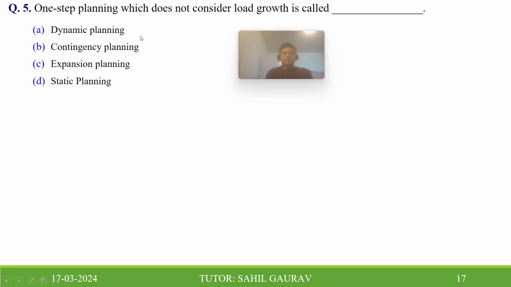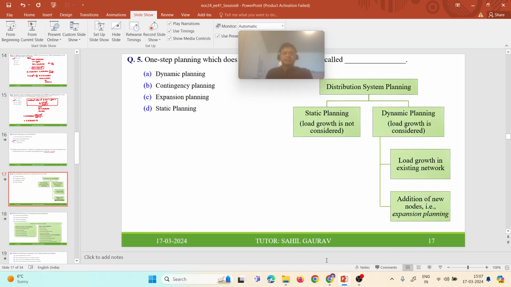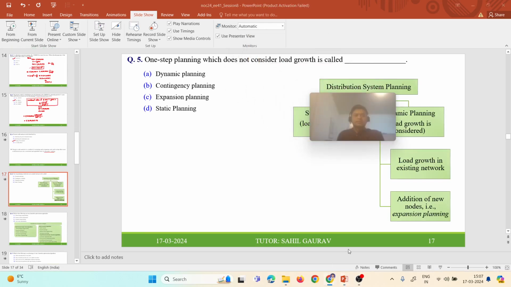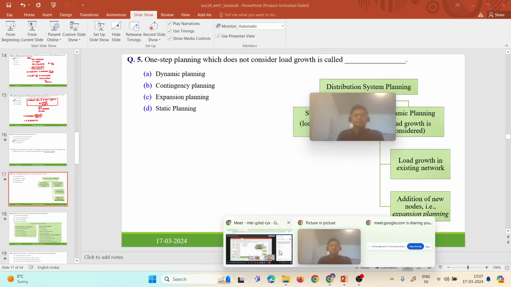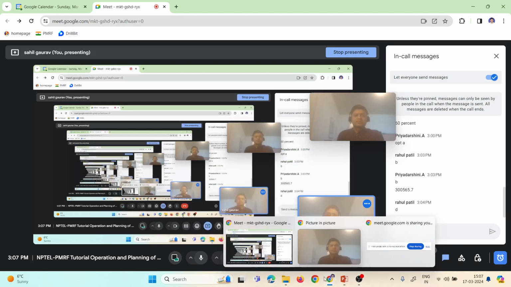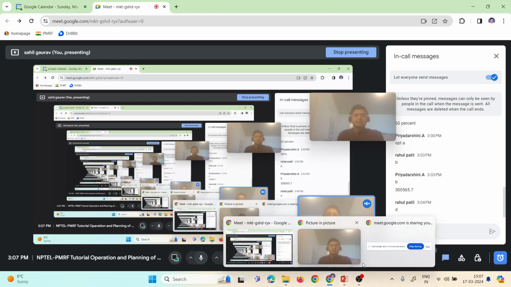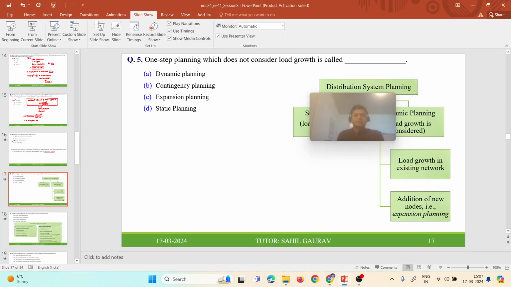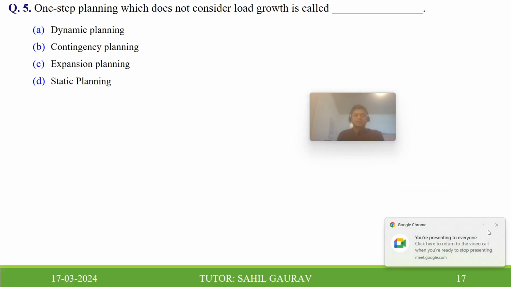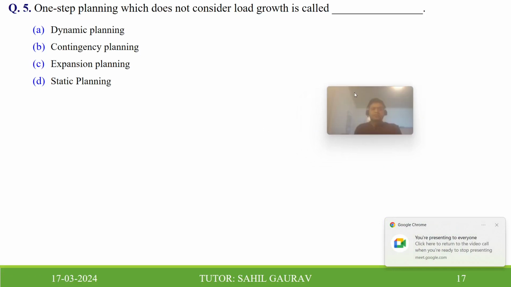And the next problem is: one step planning which does not consider load growth is called, and the options are dynamic planning, contingency planning, expansion planning, static planning. Any idea? Since two persons are present only today, you can turn off your mic and speak the correct answer.